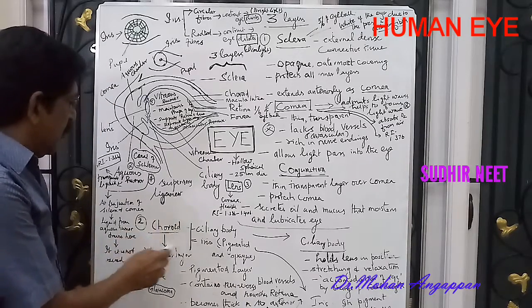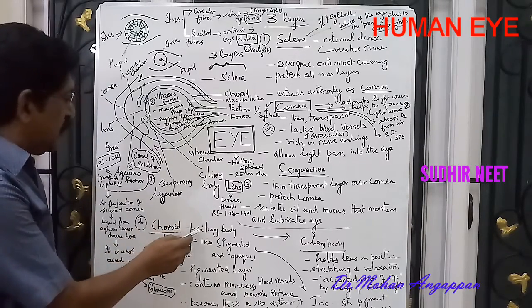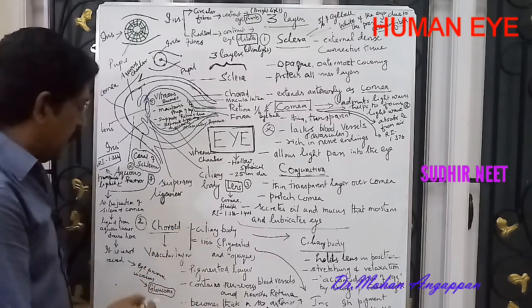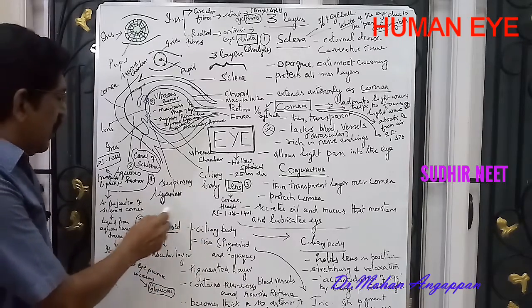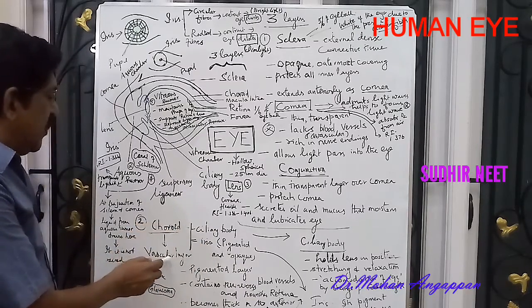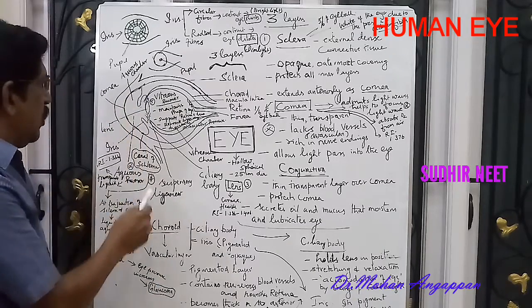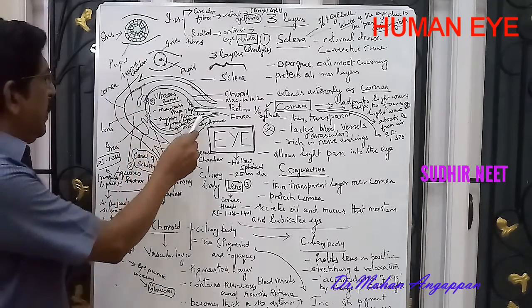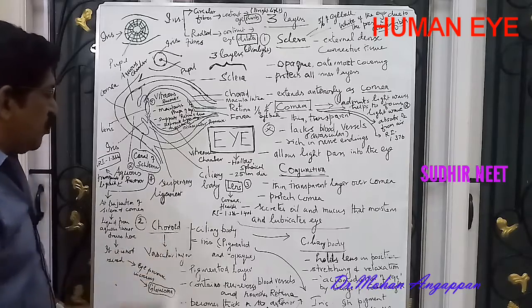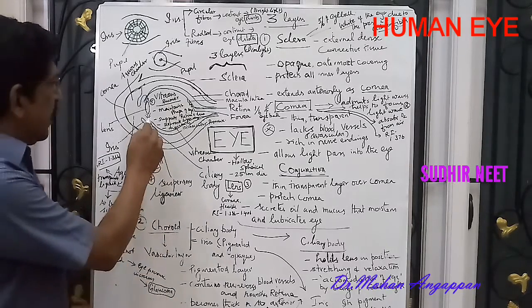Talking about this choroid, I told you it contains the ciliary body and iris. The choroid is a vascular layer, which is very important. The cornea is avascular, whereas this middle choroid is a vascular layer. It is a pigmented layer.